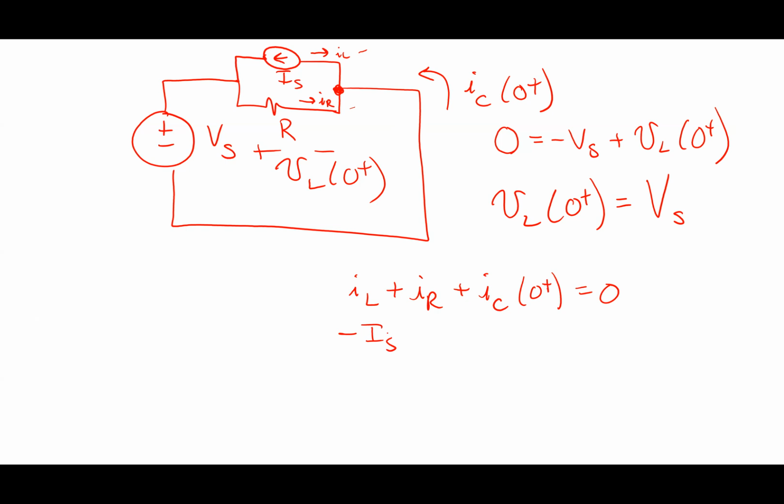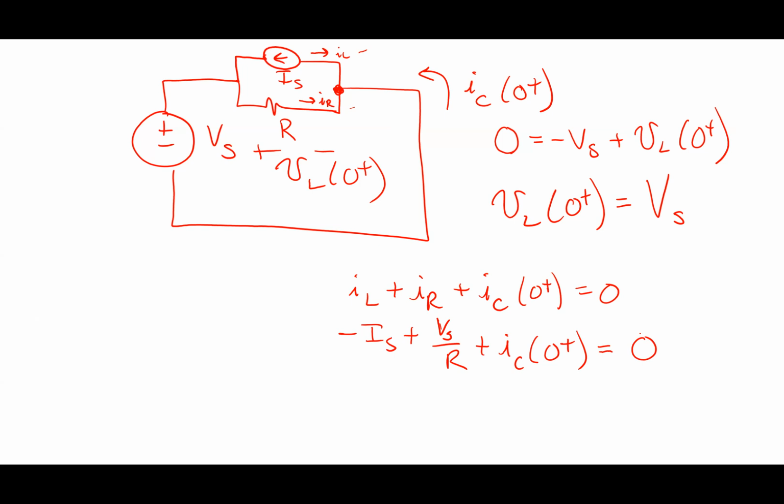Okay, that's negative. What's I sub R? It's a resistor. So how do I figure out the current in a resistor? Voltage divided by resistance. The voltage across it is V sub S, so it's V sub S over R. And I sub C of 0 plus is like that.